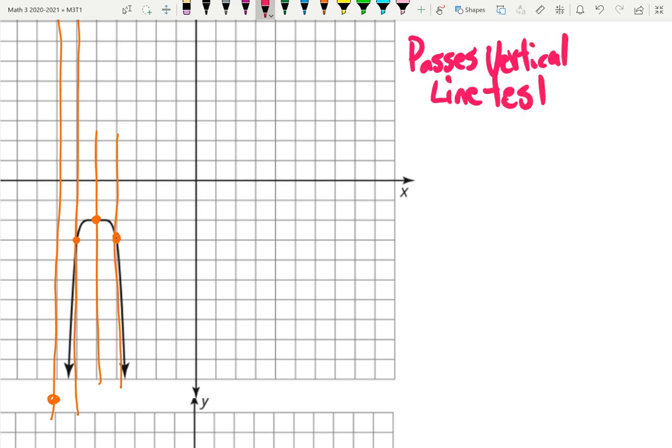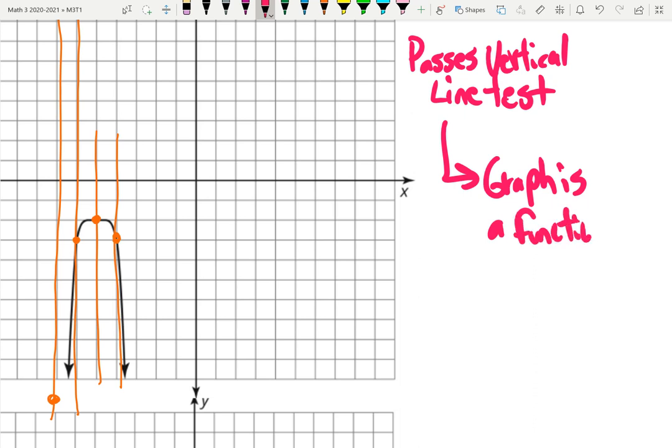And my conclusion from this is the graph is a function. Let's take a closer look.